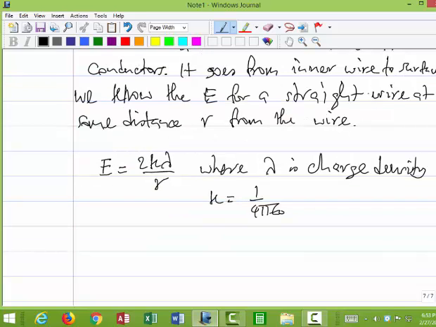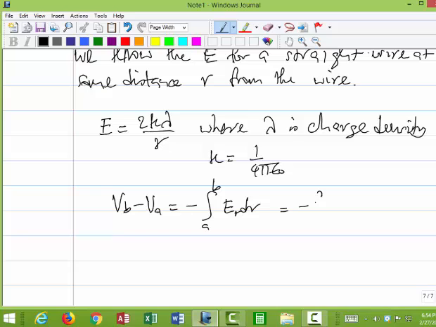Since the electric field is radial and parallel to the direction, we can say that VB minus VA is the integral from A to B of E, in the R direction, dr. So the electric field is in the radial direction.